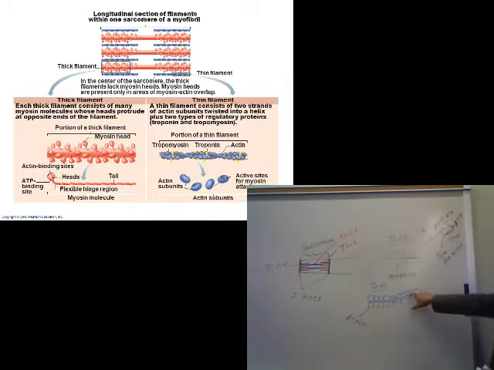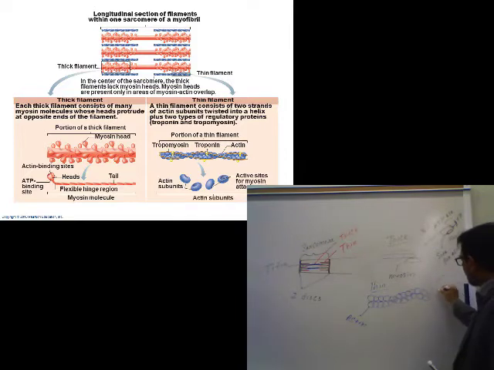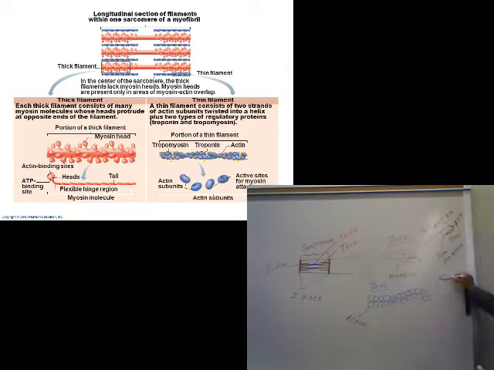Now, if I look at one actin ball, on the top of the actin molecule you have a binding site. This is called the site for myosin. Make sense?